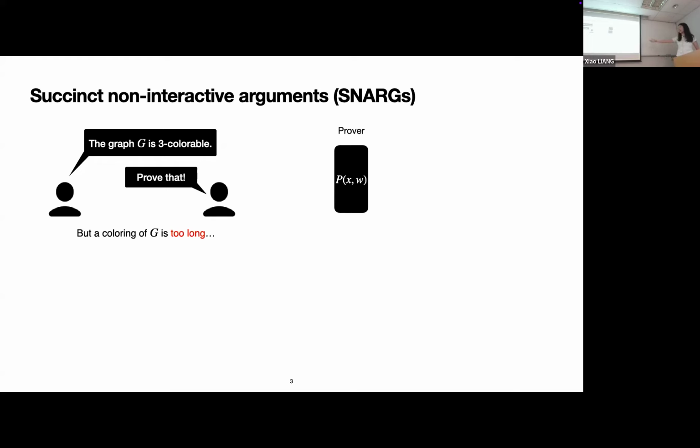Or more formally, what the prover does is it will take in some instance and witness as input, and it will try to prove to the verifier some statement that claims that an instance exists in the language of a relation. And it will send some short proof. Then the verifier will perform some checks and output a bit of either 0 or 1, signifying whether it accepts or rejects.